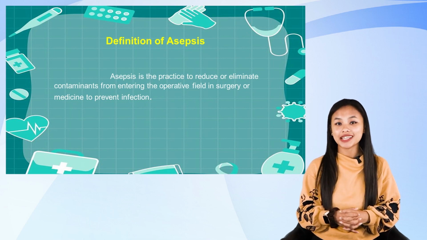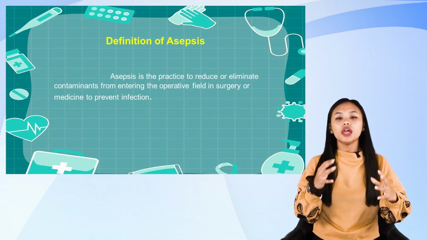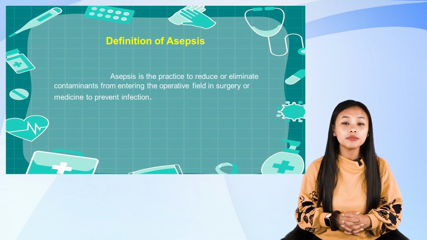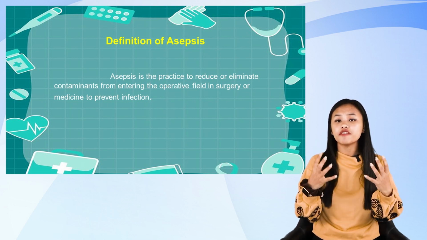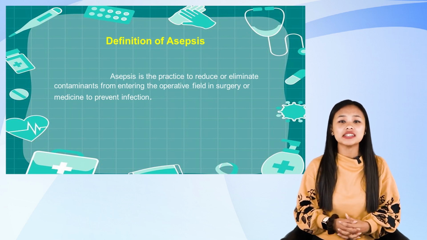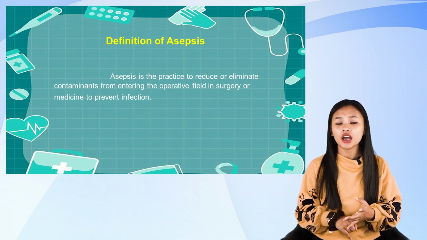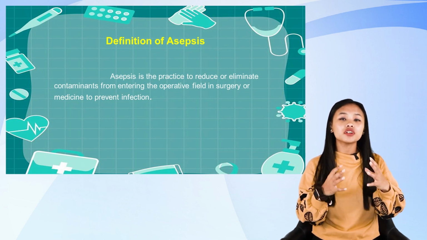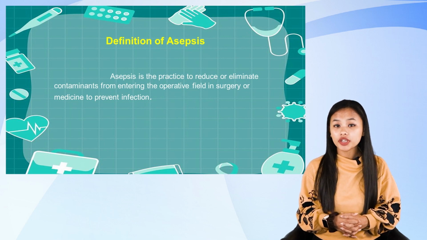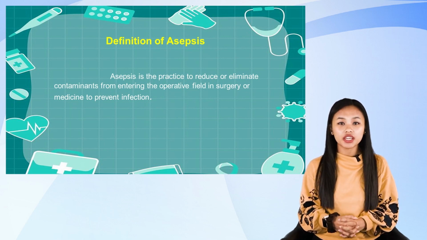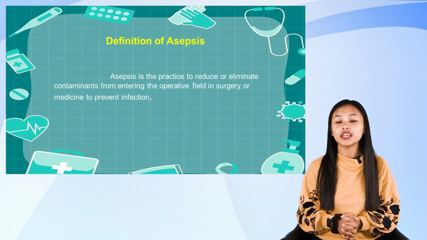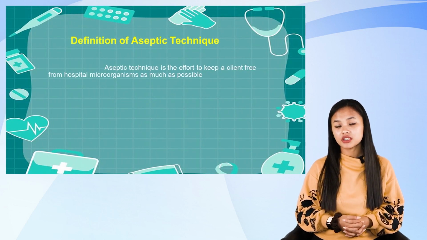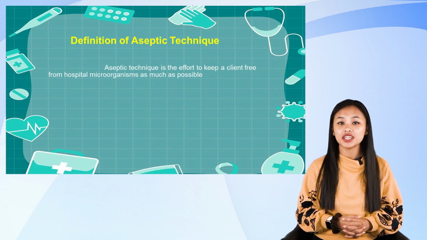So in simple words, asepsis is the practice which is followed in order to reduce or even to eliminate the contaminants or the infectious microorganisms such as the bacteria, the parasites, the fungi, the protozoa from entering the operative field whenever a surgery is performed or even contaminating the medications in order to prevent infection from occurring. So since this is what asepsis is, now let's move to the definition of aseptic technique.